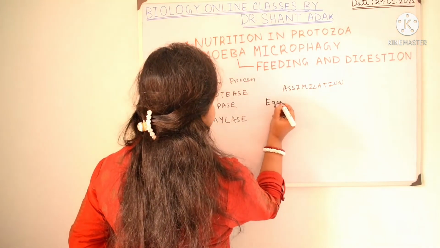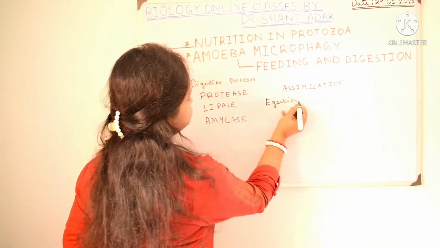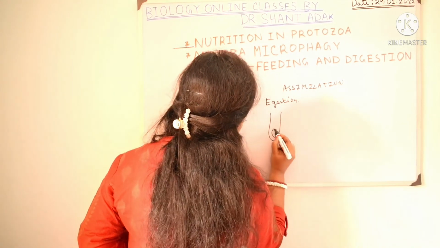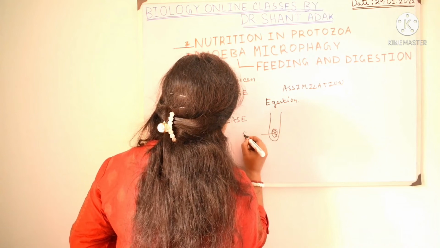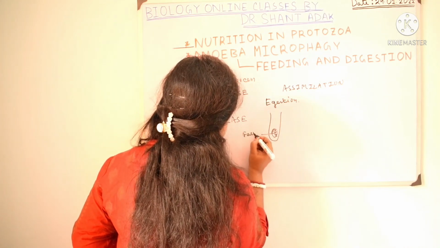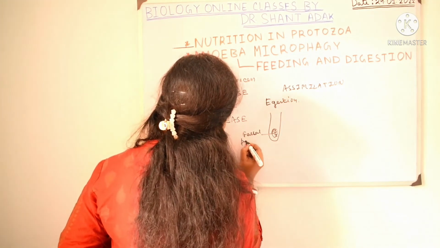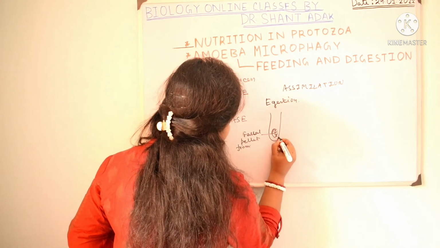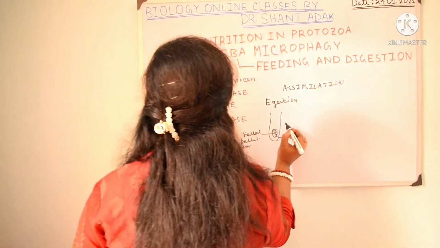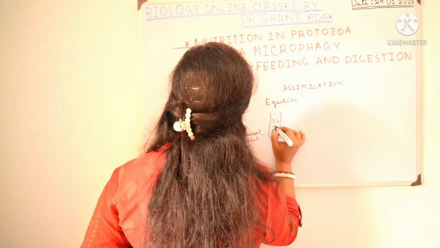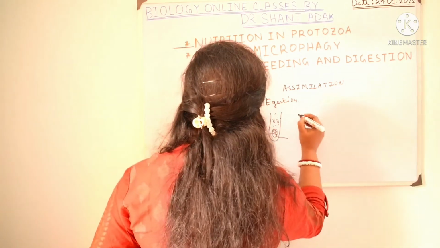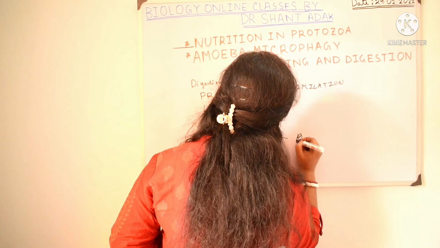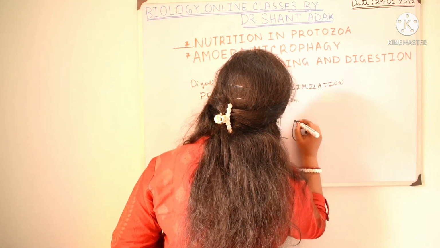Egestion. This is a fecal pellet forming. This is the end point of the amoeba body. Then what happens? The fecal pellet emerges out and is expelled out.